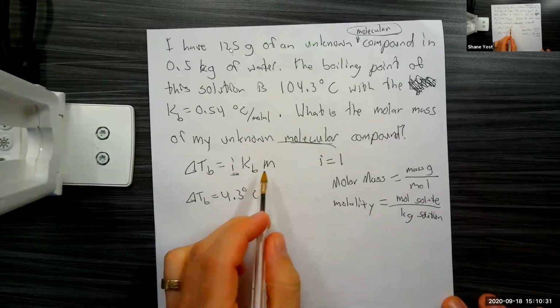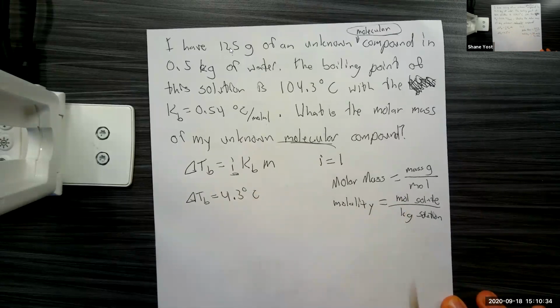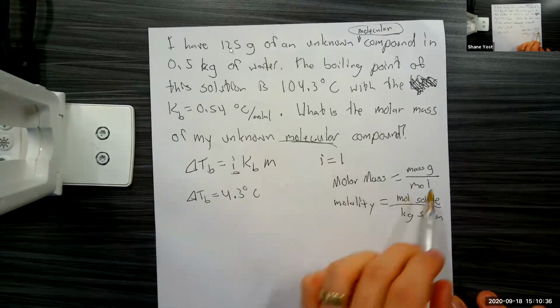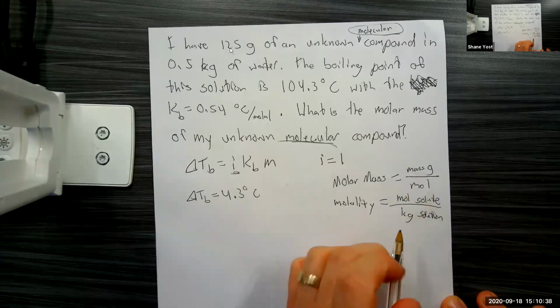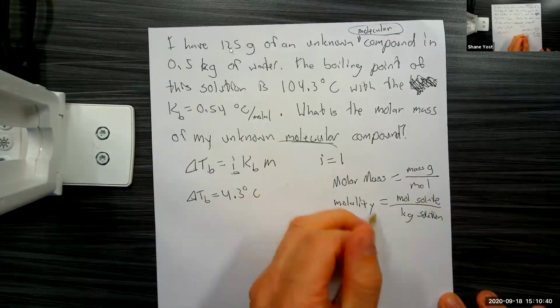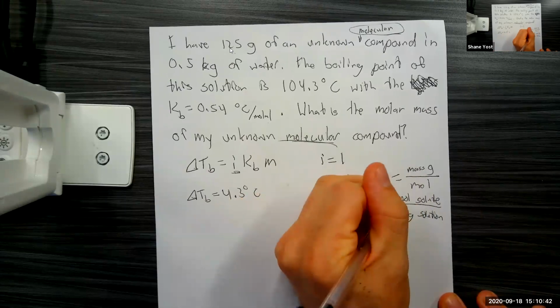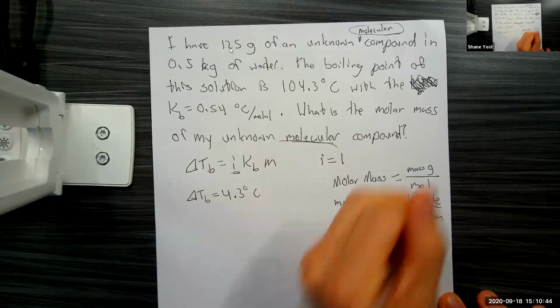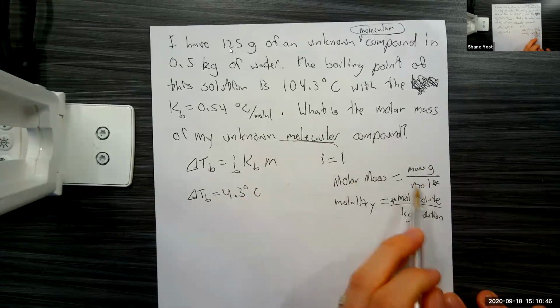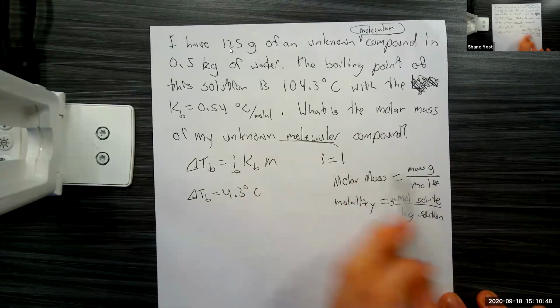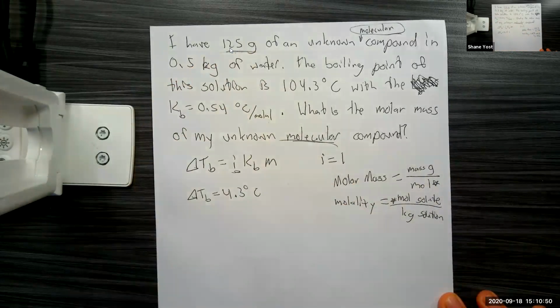Knowing that the molality is moles solute per kilogram solvent, and my molar mass is grams per mole, I can say, oh hey, if I know the molality, I can find the moles of my solute, and then I can calculate my molar mass, given the mass of the solute.